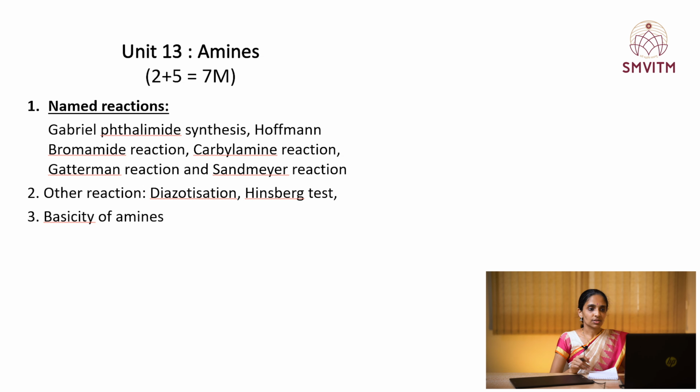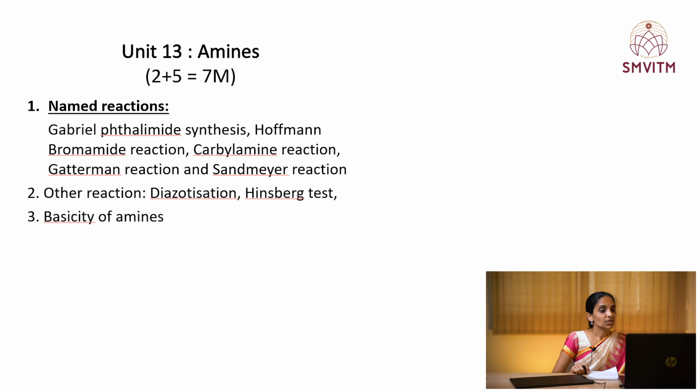The next unit is amines. From this unit, you will get a 2-mark question and a 5-mark question. There are no sure questions, but of course there are named reactions. The important named reactions are Gabriel phthalimide synthesis, Hoffmann bromamide reaction for the preparation, then reactions like the carbylamine reaction, Gattermann reaction, and of course you have Sandmeyer reaction.